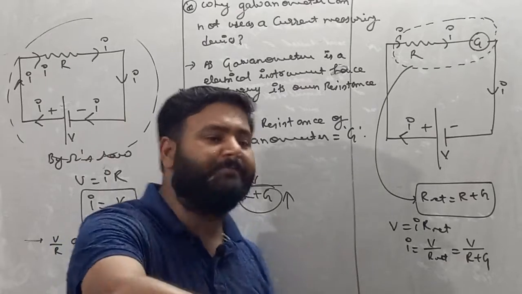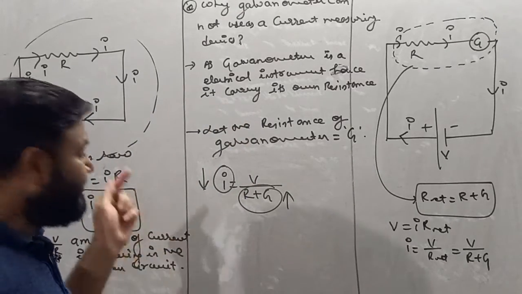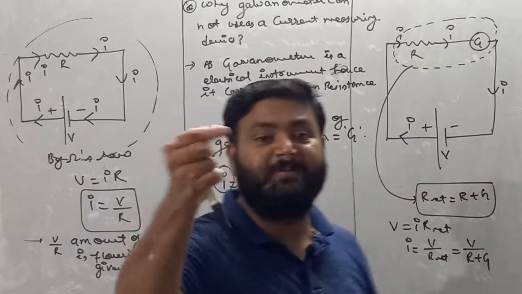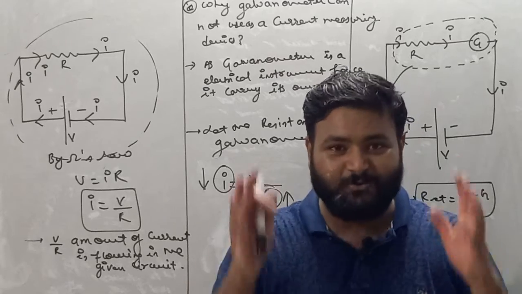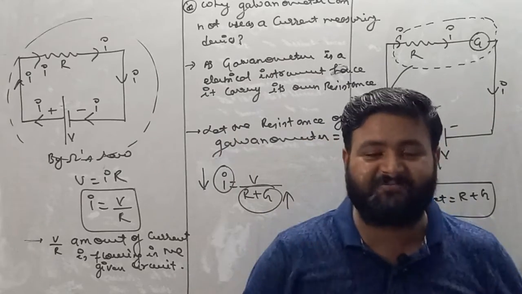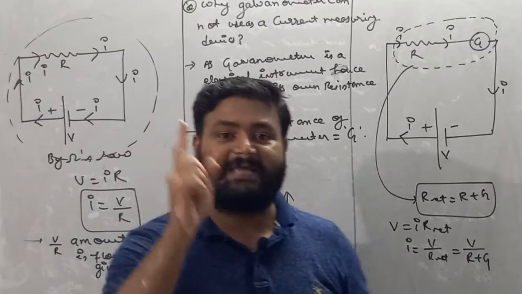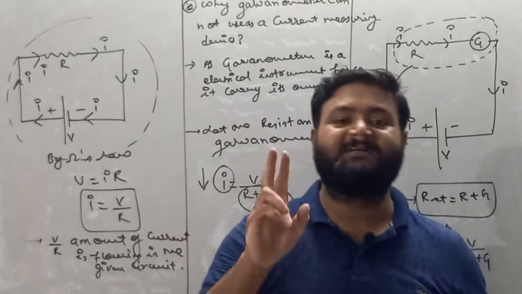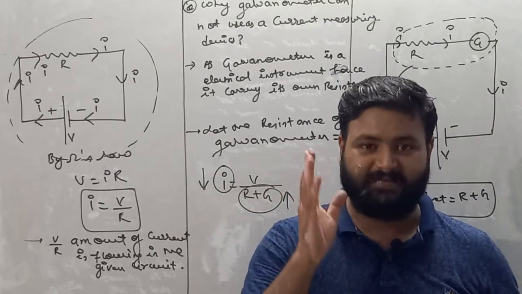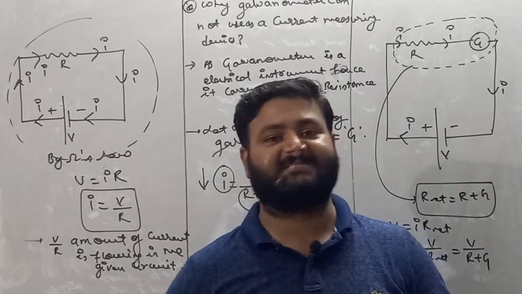So the reading we get from the galvanometer is a wrong reading. That's why the galvanometer is not used as a current measuring device, because it carries its own high resistance.